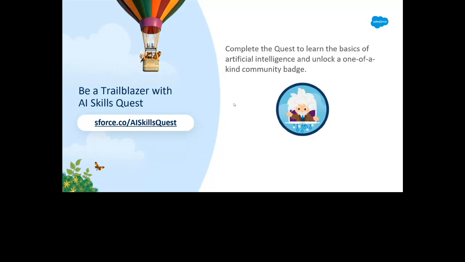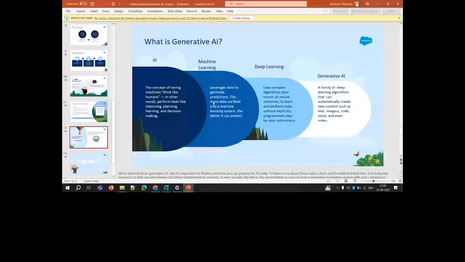There is an AI Skills Quest course available, and there is a course for generative AI. I would highly suggest going to Trailblazer and attending the courses. It really provides great information. And now I'll hand it over to Shubham.